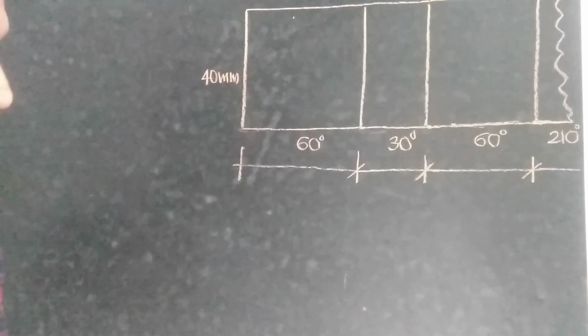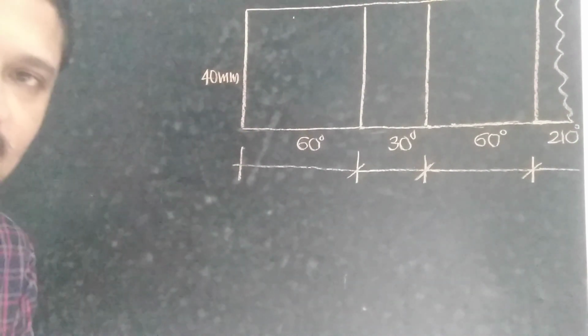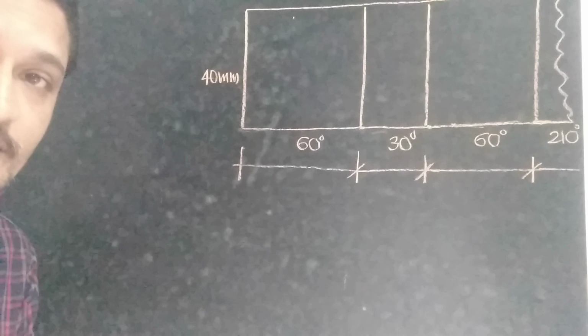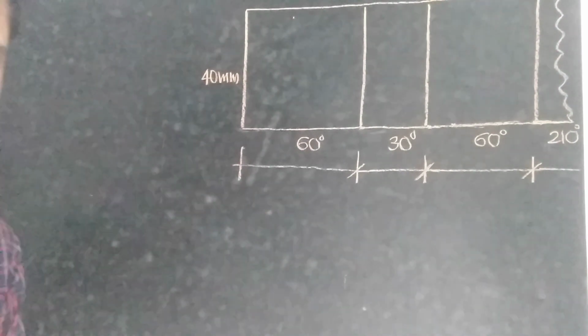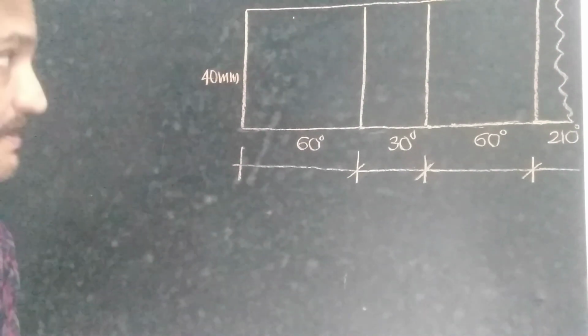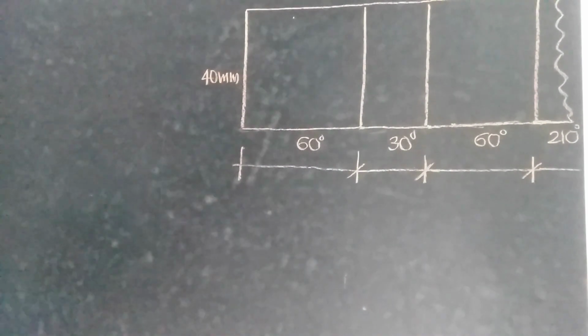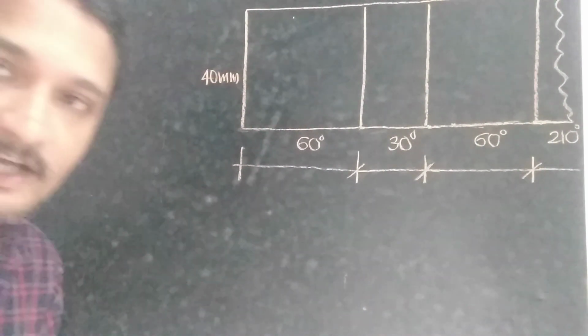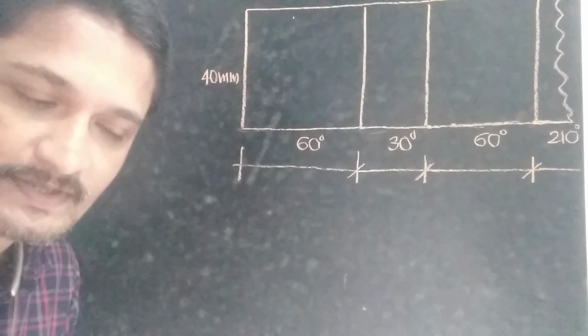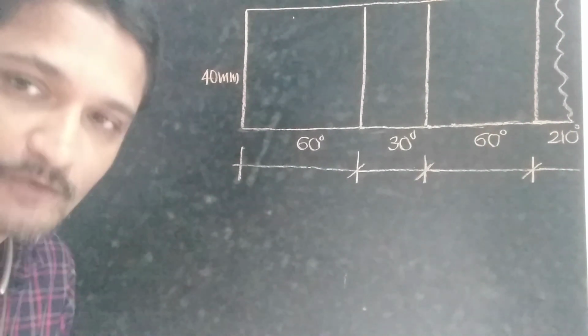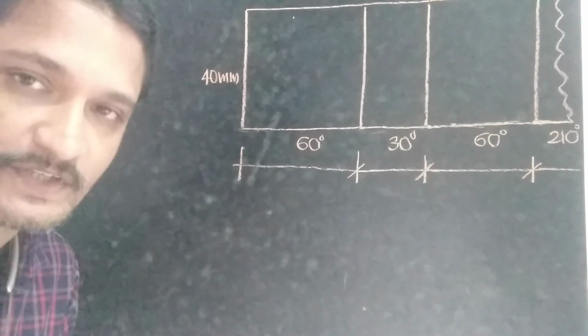Then the follower motion. Given that the follower motion is a uniform velocity motion, the displacement in equal intervals of time is the same. The follower is moving with uniform velocity.